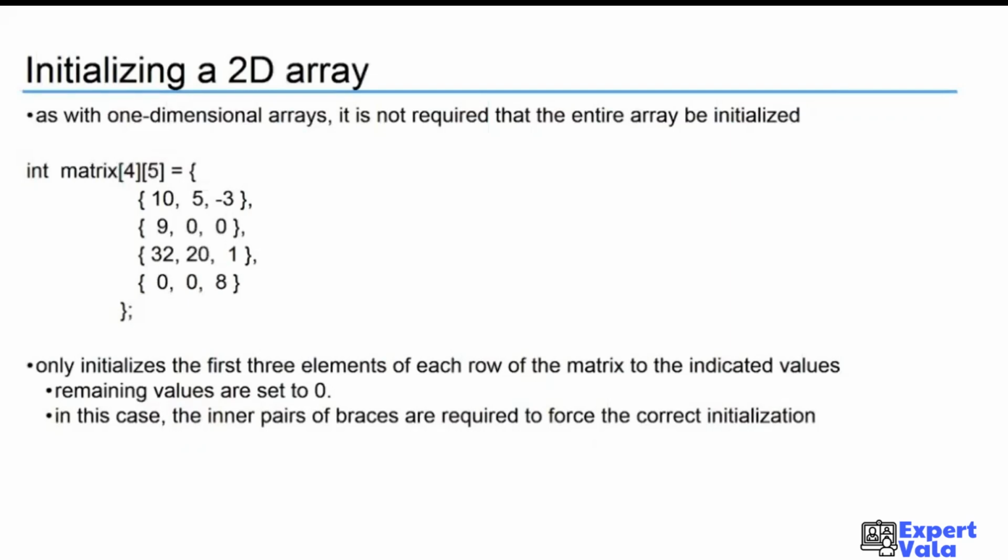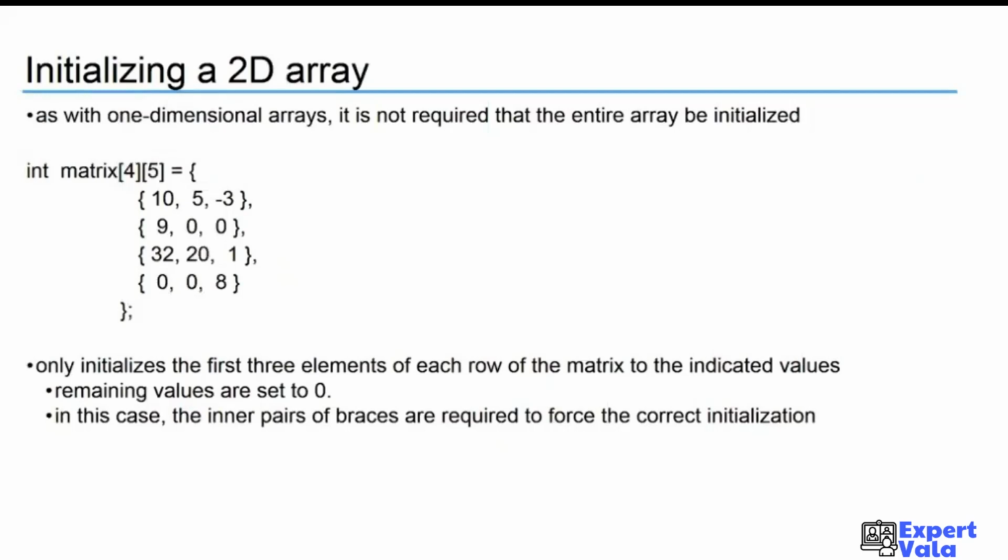And in this case, you actually have to provide the curly braces, the inner ones, because if we didn't, the initialization would be all screwed up. Because if you didn't have the curly braces, it would just do it consecutively. So what would happen is this would actually initialize the first 12 elements.